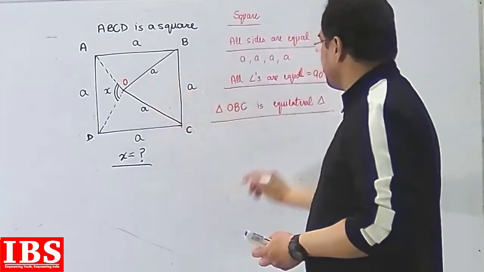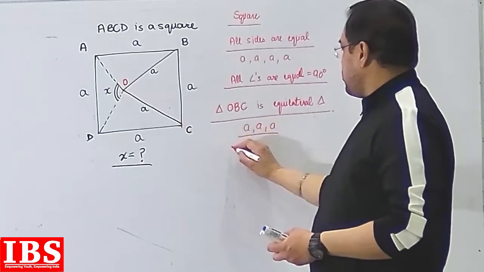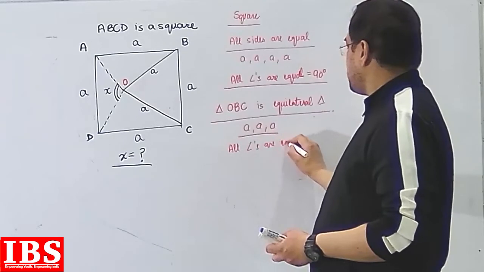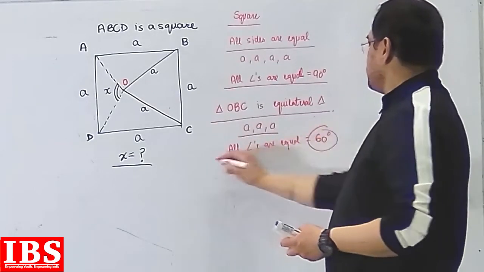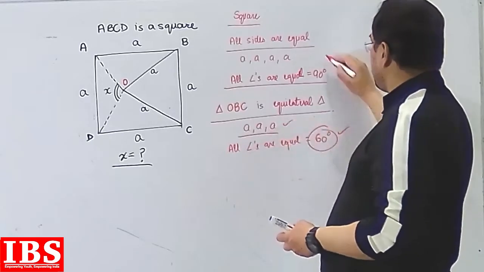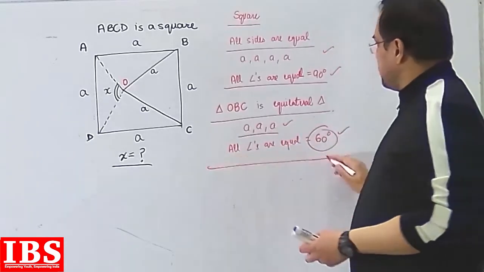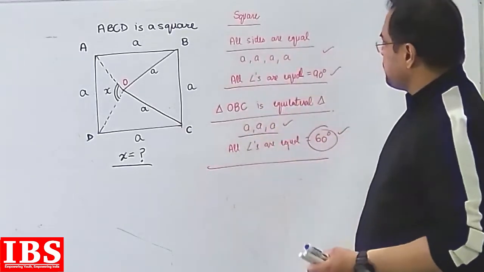This is A, this is A, this is A. So all three sides are equal, A, A and A, and all angles are also equal and equal to 60 degrees each. These are two properties of an equilateral triangle. These are two properties of a square that we'll be using. Okay, so we'll solve this question with the help of these properties.